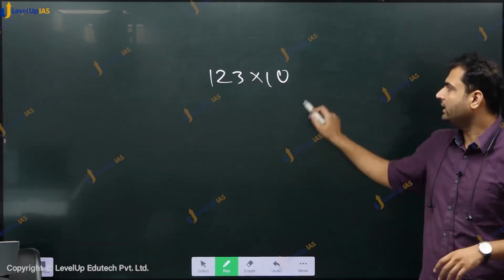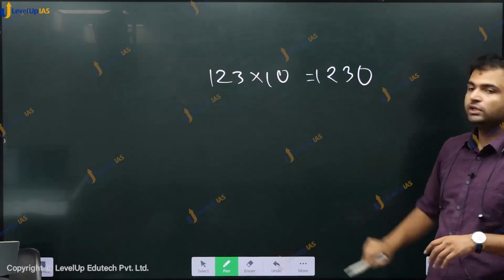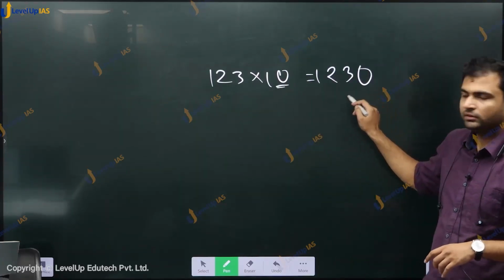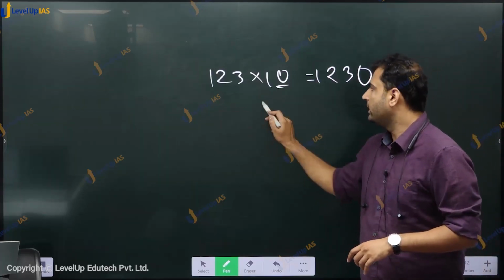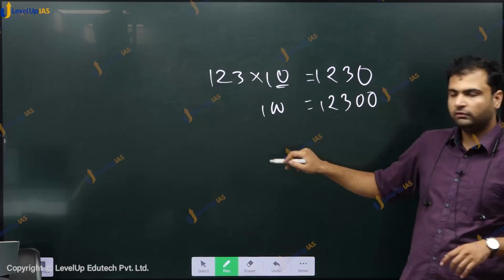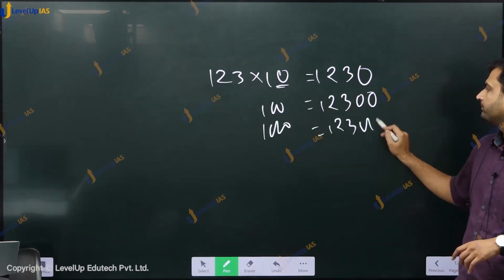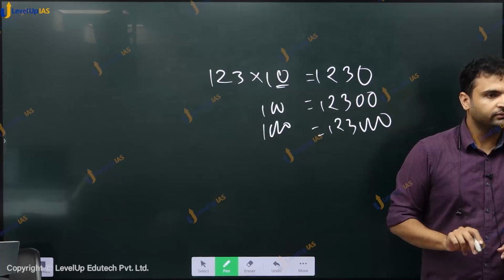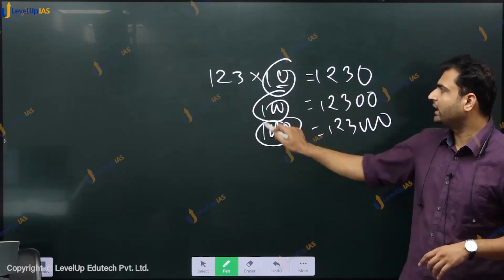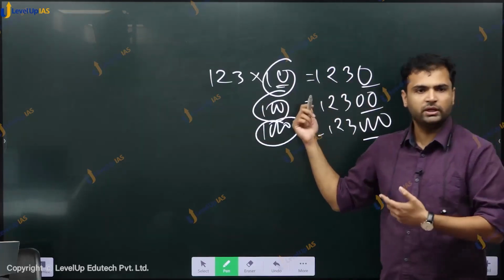If you multiply it by 10, answer would be 1 2 3 0. If you have 10 here, we add 1 0 here. If you have 100 here, we add 2 zeros at the end. If we have 1000, we add 3 zeros. Right? Whatever power of 10 here you are multiplying with, we just add that many number of zeros at the end of the number in multiplication.